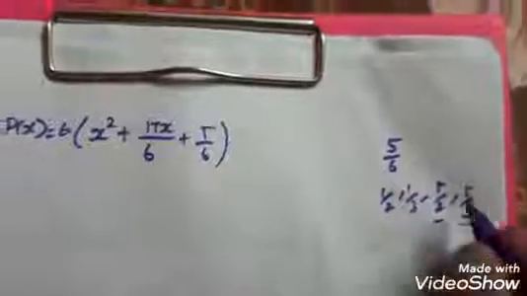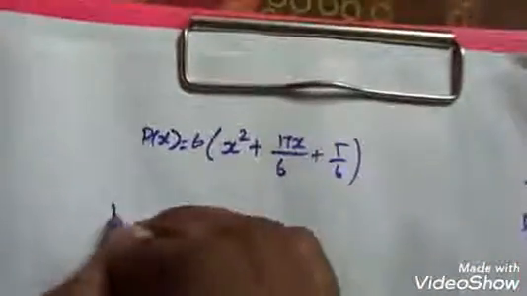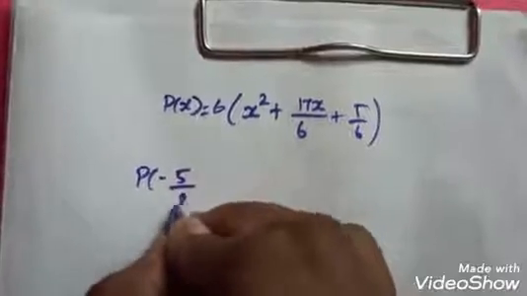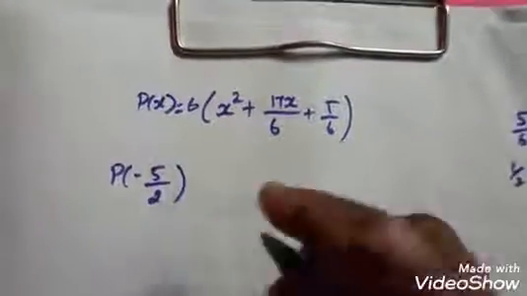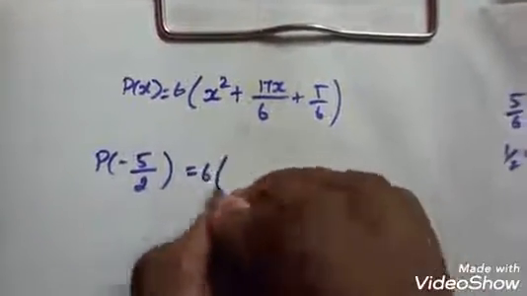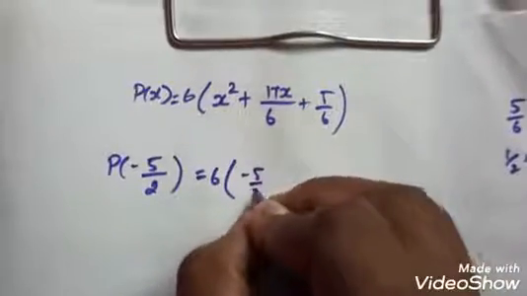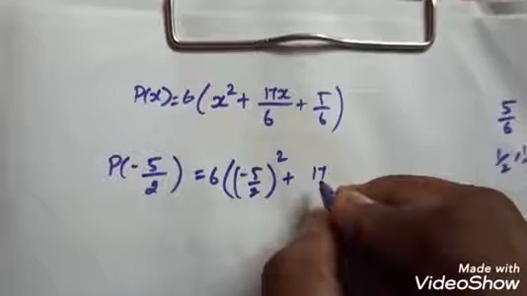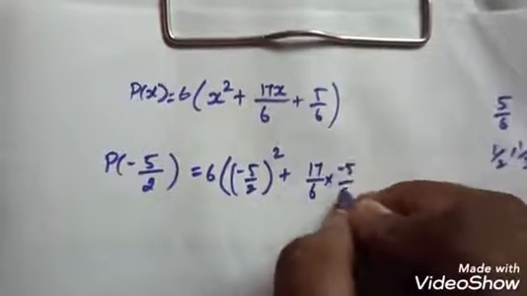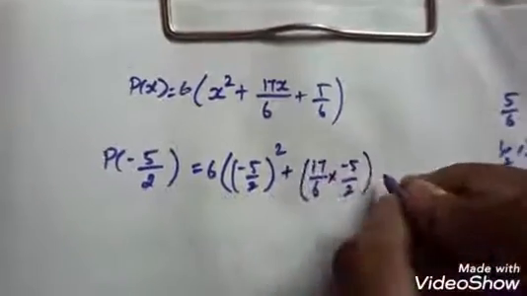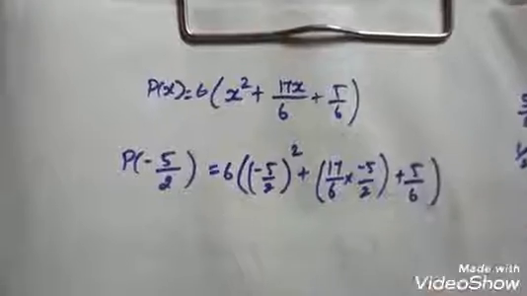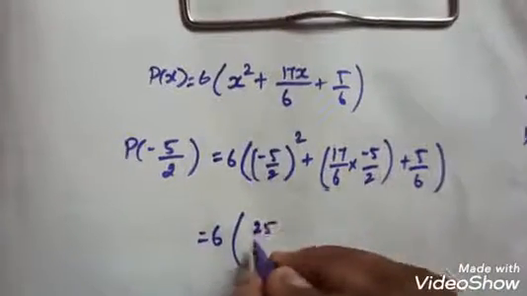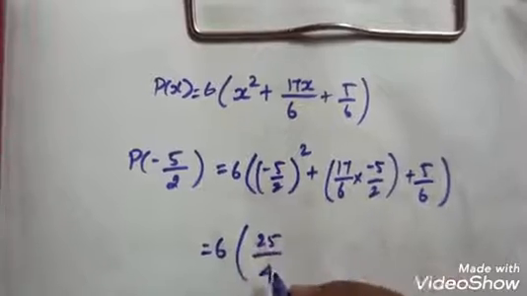So first I take this value. So P of minus 5 by 2 I will take. So I will get 6 into minus 5 by 2 the whole square plus 17 by 6 into minus 5 by 2 plus 5 by 6. 6 into here minus into minus plus, 5 5s are 25, as usual denominator 2 2s are 4.